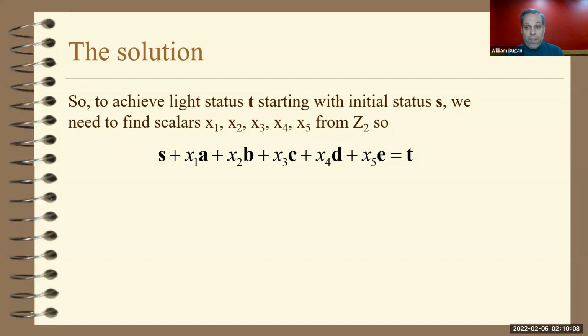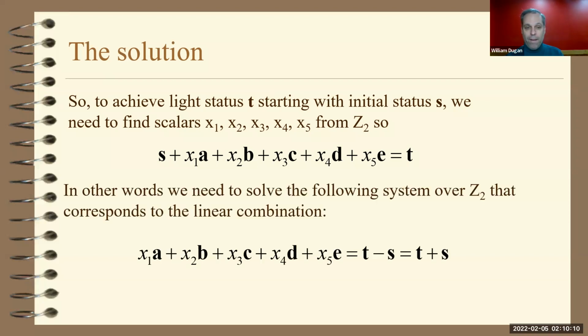But again, thinking about our vector operations, I can instead solve this particular linear system that's currently represented as a linear combination. You'll notice in the original equation that S occurred on the left-hand side. I want you to subtract S. But when you subtract S, that's actually the same as adding S. Just think about it, because S plus S is 0.